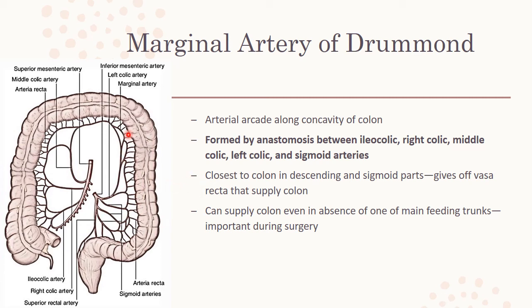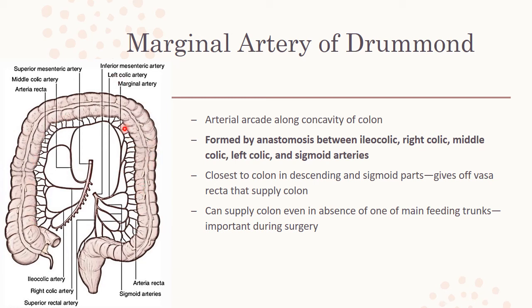This is closest to the colon in the descending and the sigmoidal parts, and over here it is going to give off vasa recta, which are going to supply the colon. These vasa recta are similar to the vasa recta which we studied coming from the jejunal and ileal branches. The importance of this marginal artery of Drummond is that it represents a huge anastomosis which is supplying the colon.